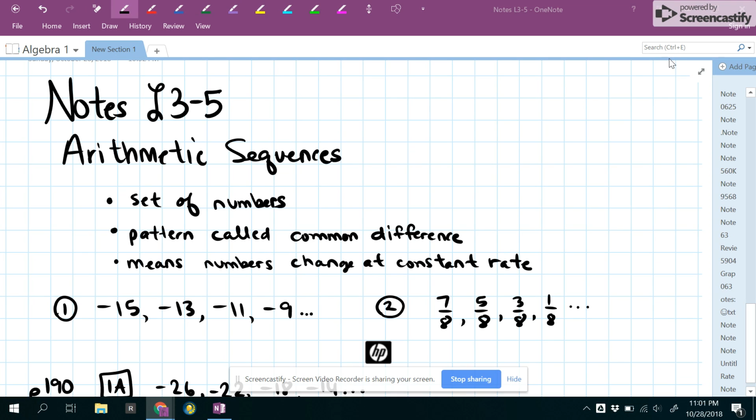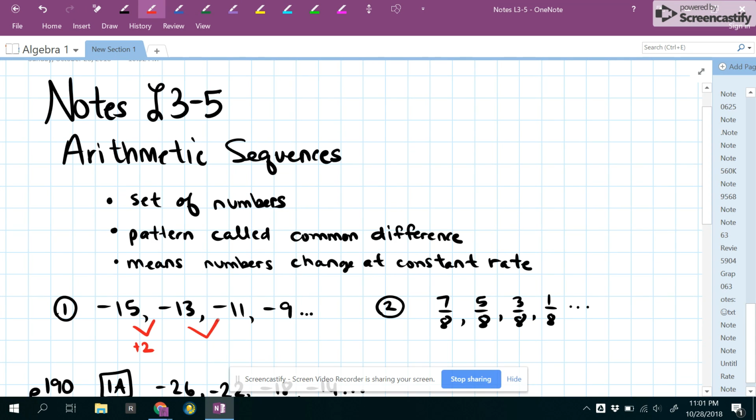So let's look at these first two examples. Here are two lists of numbers. Do they each change at a constant rate? So in example 1, to get from negative 15 to negative 13, you add 2.